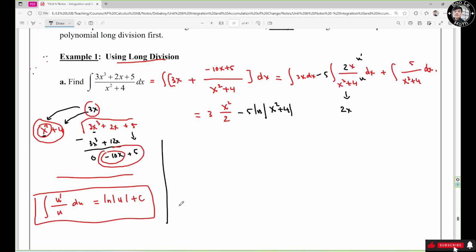Now last time you learned the antiderivative of 1 over u squared plus a squared du. It's going to be 1 over a times the inverse tangent of u over a, plus c.